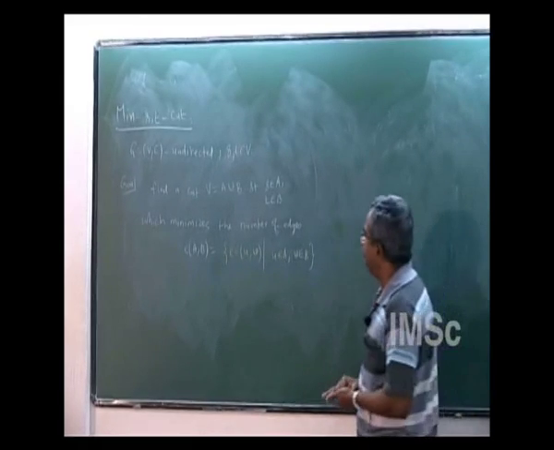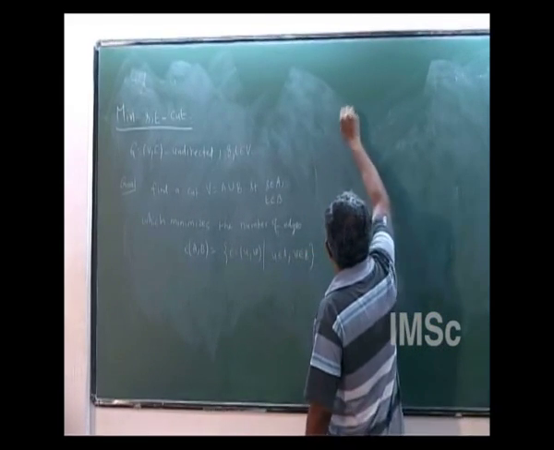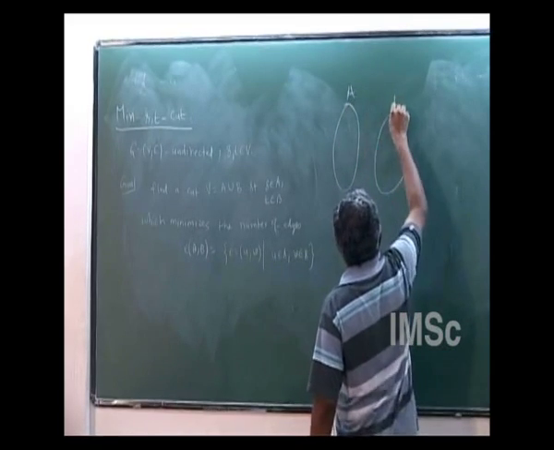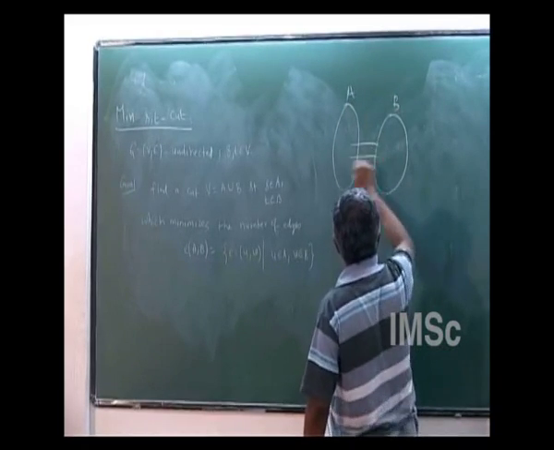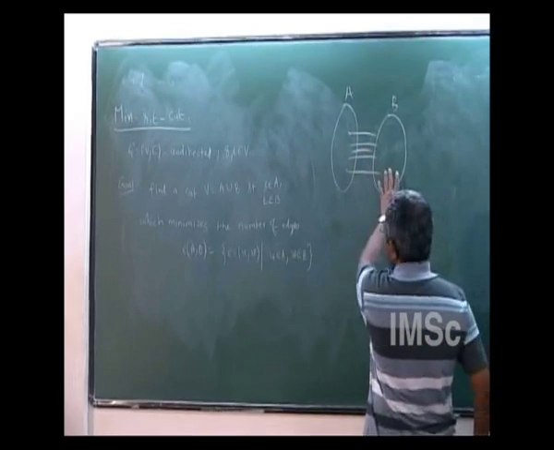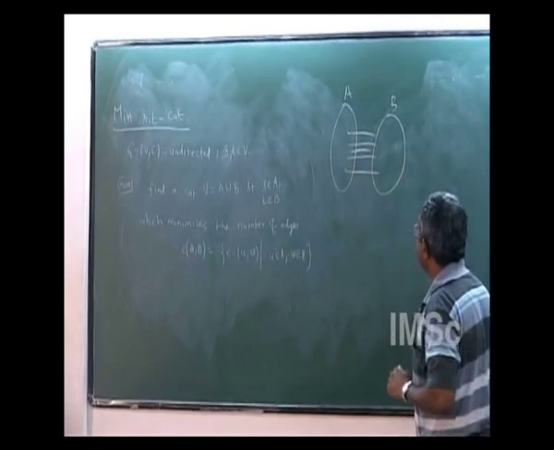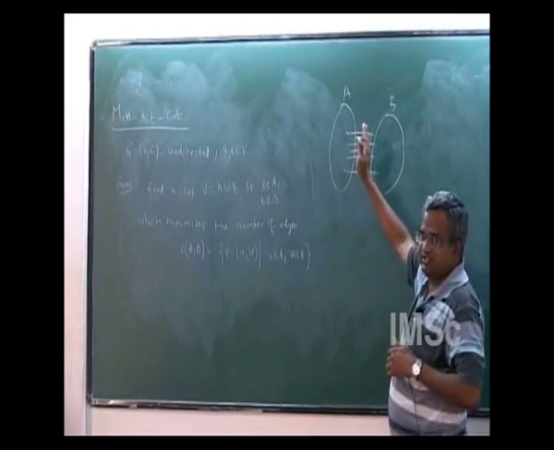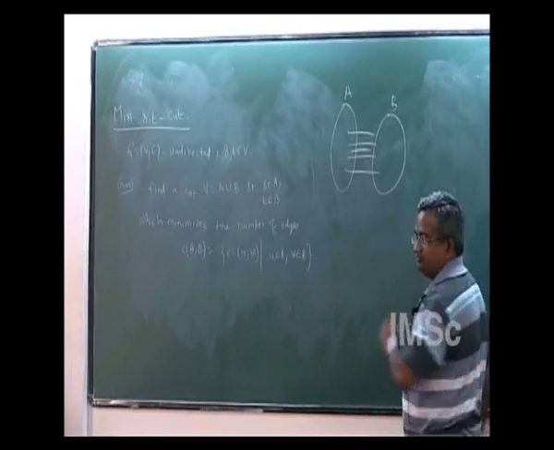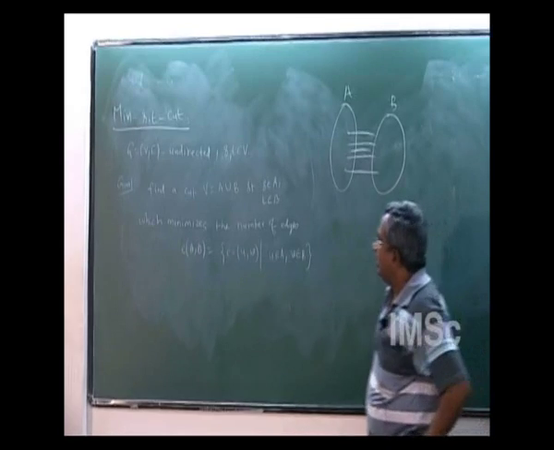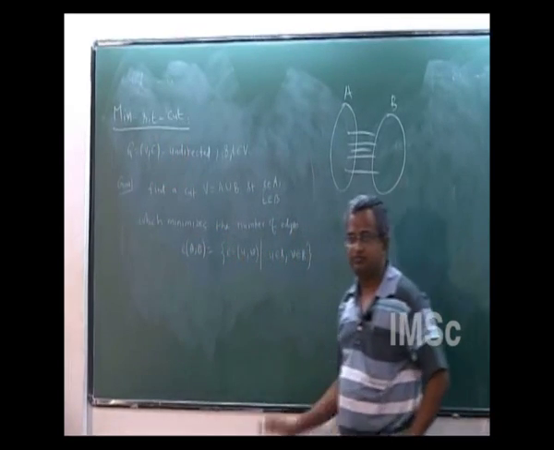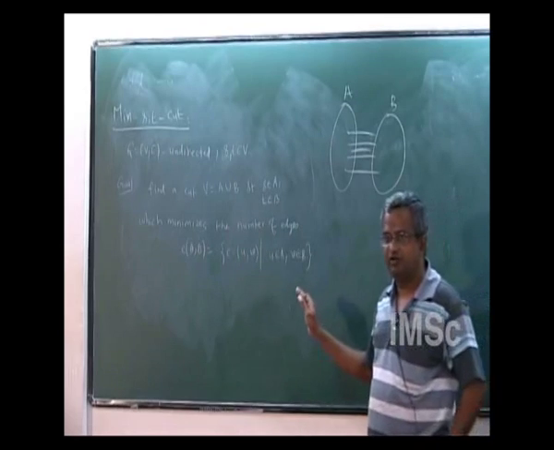So basically what you are doing is you are looking for a bipartition of the vertices into two pieces, say A and B, and look at the number of edges which go across the cut with one endpoint in A and another endpoint in B, and you want to minimize the number of such edges. Find a cut which minimizes these. So this is what we call the minimum cut problem. So I hope the problem is clear.